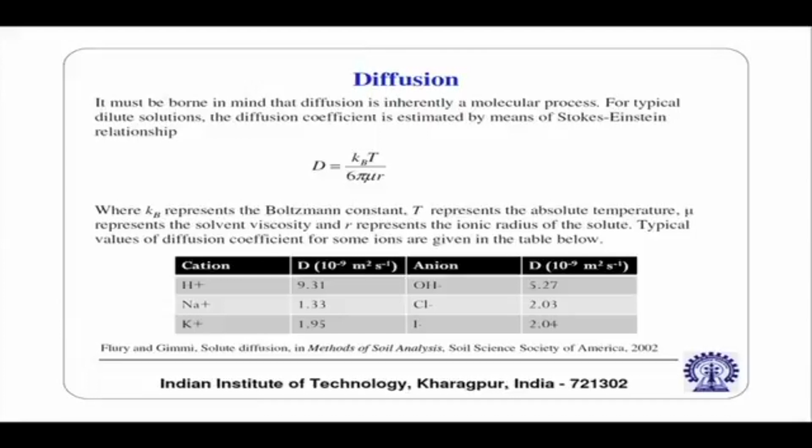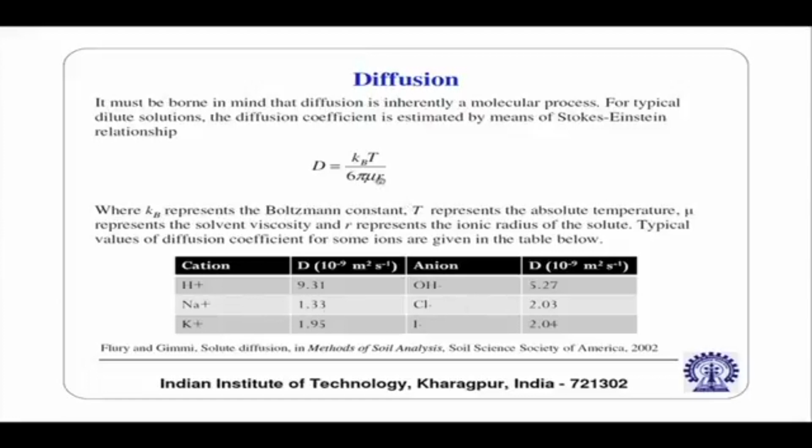So the diffusion coefficient is written in terms of the Boltzmann constant, absolute temperature, and the ionic radius of the solute. So if you have a particular ionic species, for example, you can write several examples of various cations and anions.